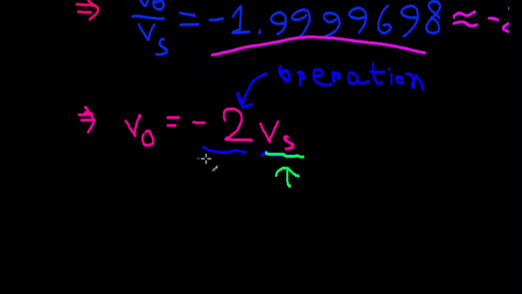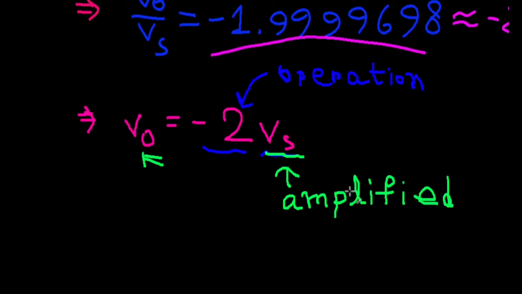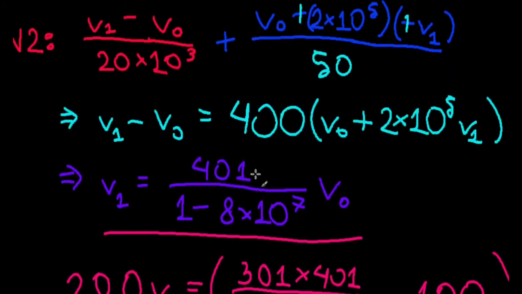So this has been amplified, and this is where the amplifier comes into the name. So I hope you can appreciate the naming of the op amp a bit more. All right, so that's what I wanted to explain here.